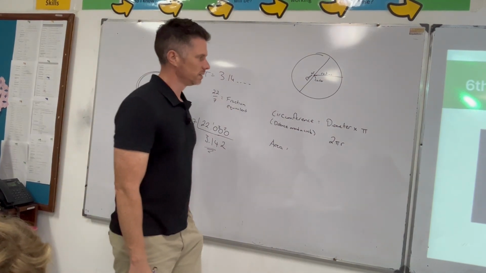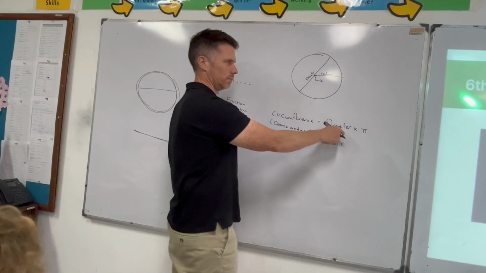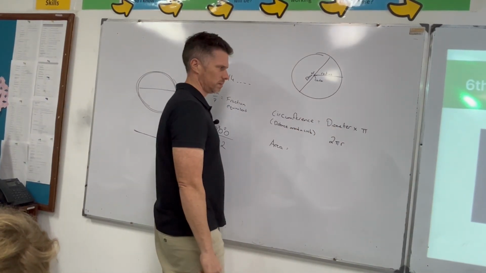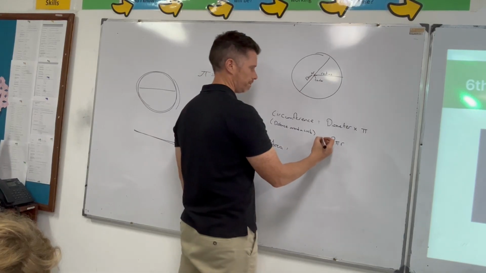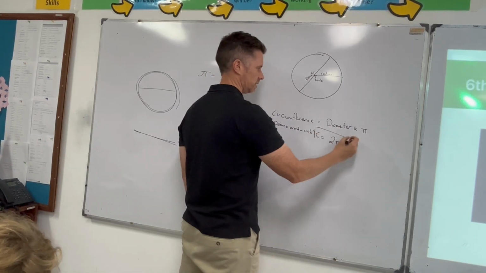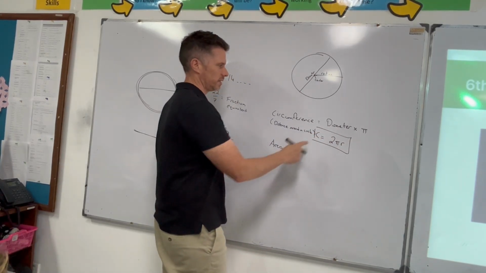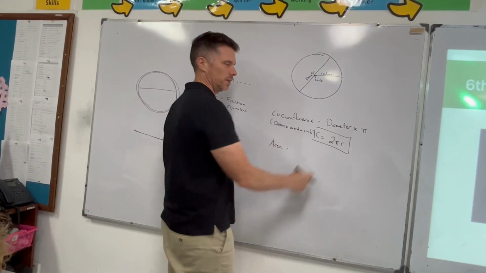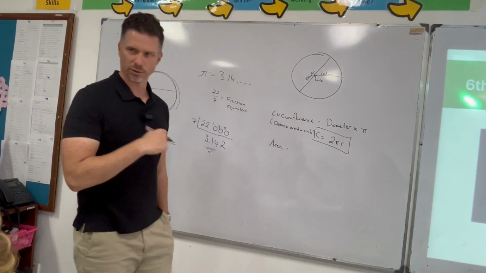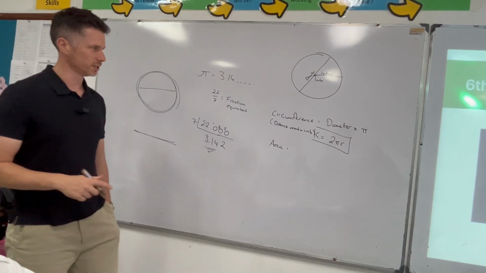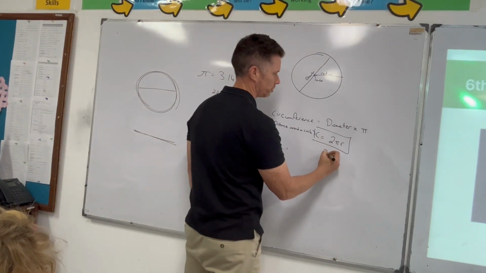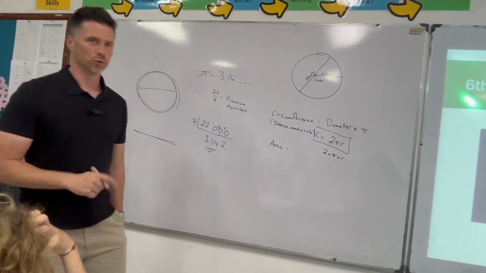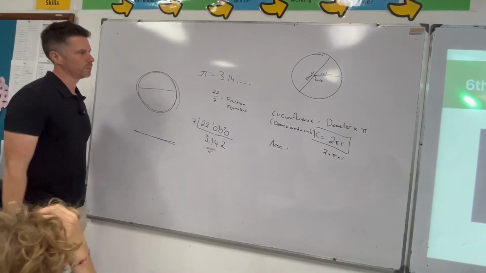Radius. So sometimes you can see C is equal to 2 pi r. C is the circumference. 2 radiuses are a diameter, and pi is just pi. If you see letters shoved together, that means they are multiplied. So this means 2 multiplied by pi multiplied by the radius. And 2 radiuses are 1 diameter. So sometimes you see it written like that.